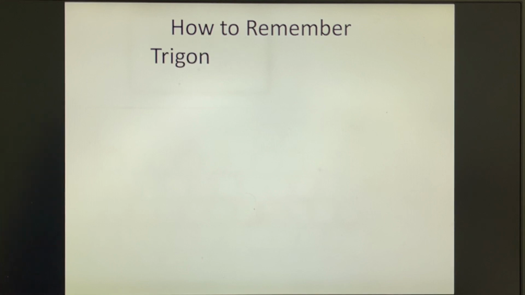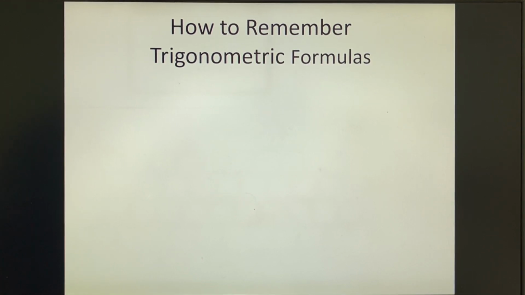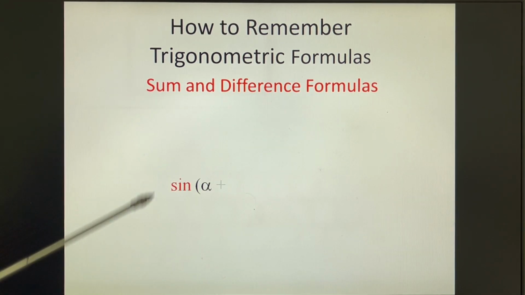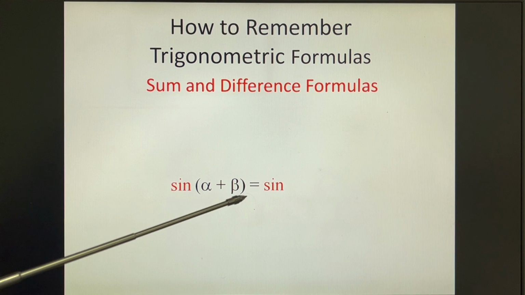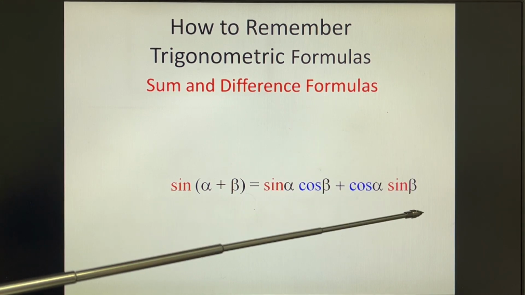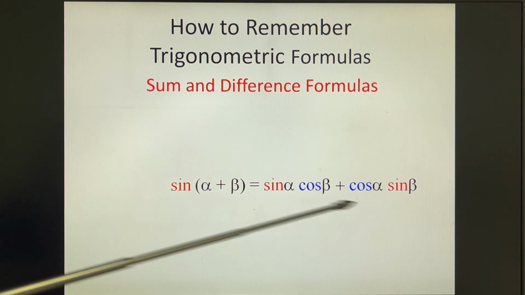That's all. Let's summarize. How to remember trigonometric formulas. We use sum and difference formulas to deduce them. They are sine alpha plus beta equal to sine alpha cosine beta plus cosine alpha sine beta. How to remember it?